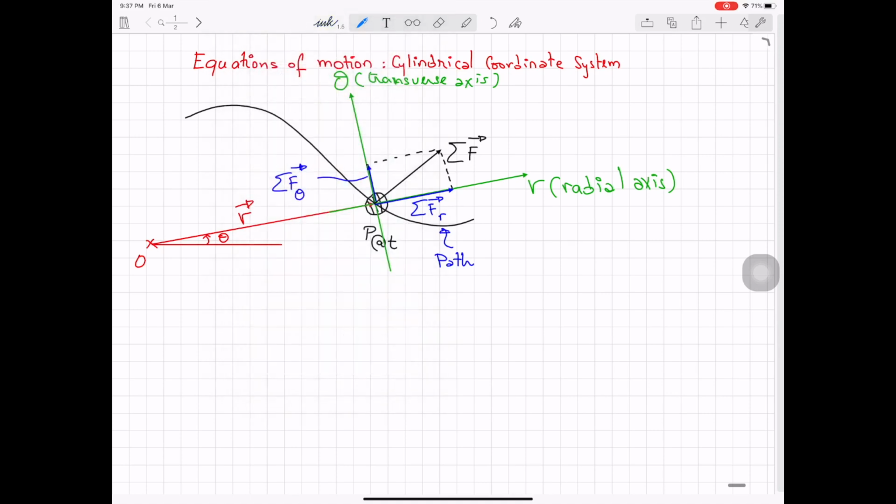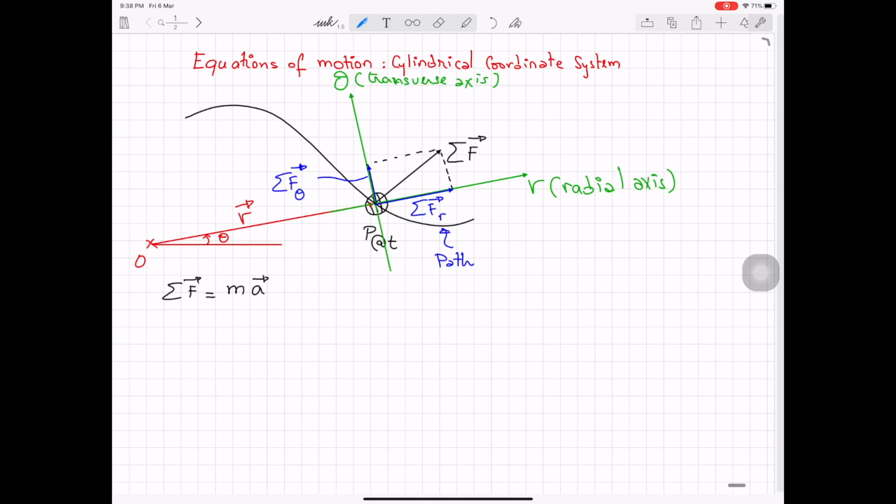Now we can write the equations of motion. The sum of all forces applied to the mass is equal to the mass of the particle times the acceleration.